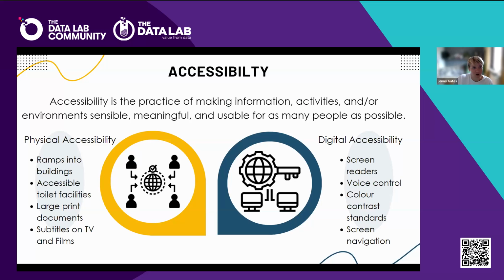They might control their apps, their computers, whatever, with voice control. Color contrast standards, for those of you who are already in the visualization community might already be aware of things about how we use color in our presentations. And also elements like screen navigation. Not everybody uses a mouse to navigate a screen. Some people might use a keyboard, and these are all factors in how we make our information accessible.